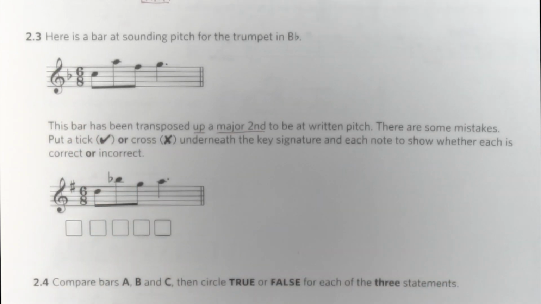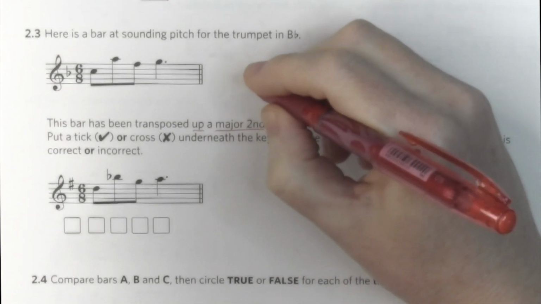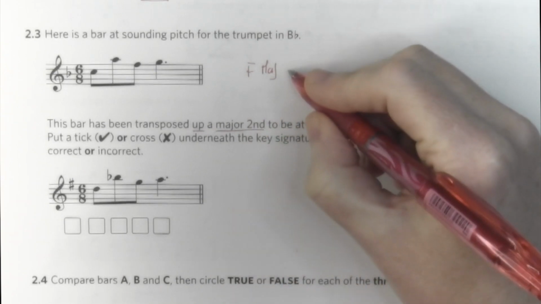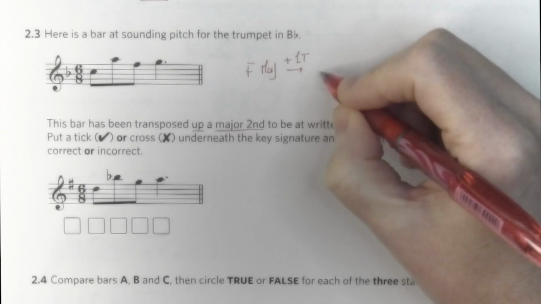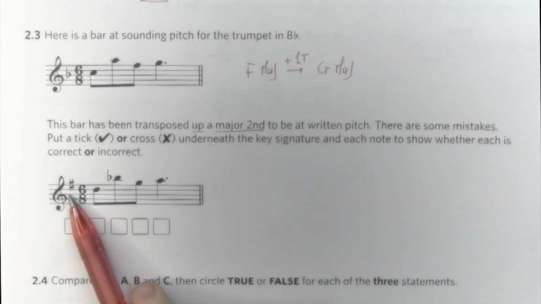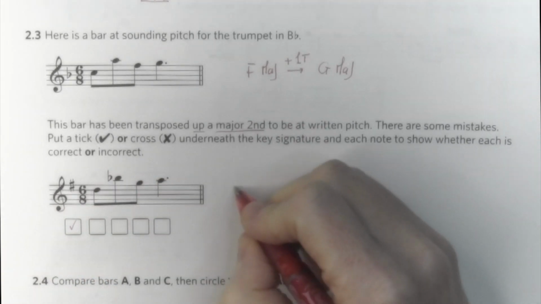It doesn't matter because they do share the key signature. So let's say F major plus one tone equals G major, and G major has one sharp. So this is correct. Now let's do the keyboard, shall we?